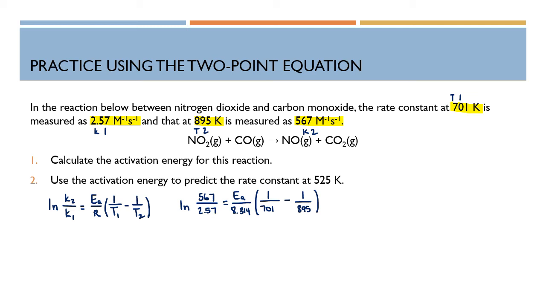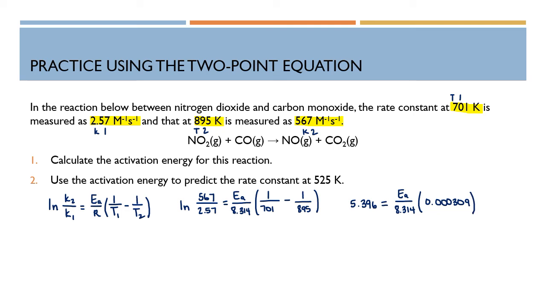So the natural log, and I'm typing all of this into my calculator, the natural log of 567 over 2.57 is equal to 5.396. EA over 8.314 times, and then 1 over 701 minus 1 over 895 is equal to 0.000309.